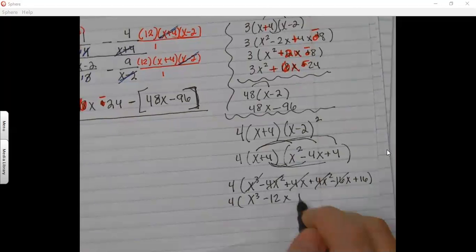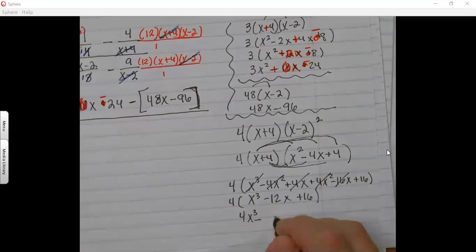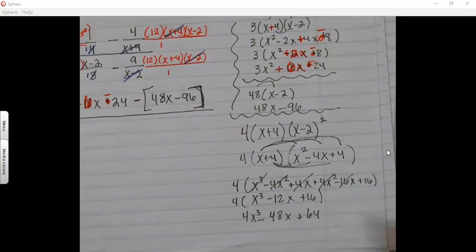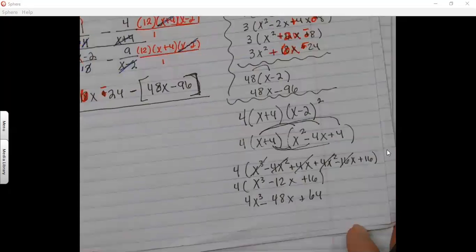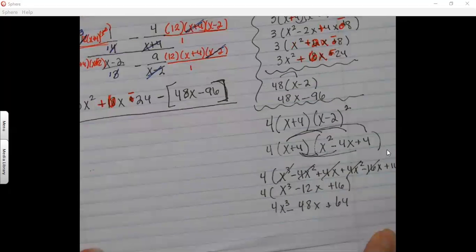Now I'm going to distribute the 4. 4x cubed minus 48x plus 64. So that was that bottom left fraction, all multiplied out. I get 4x cubed minus 48x plus 64.